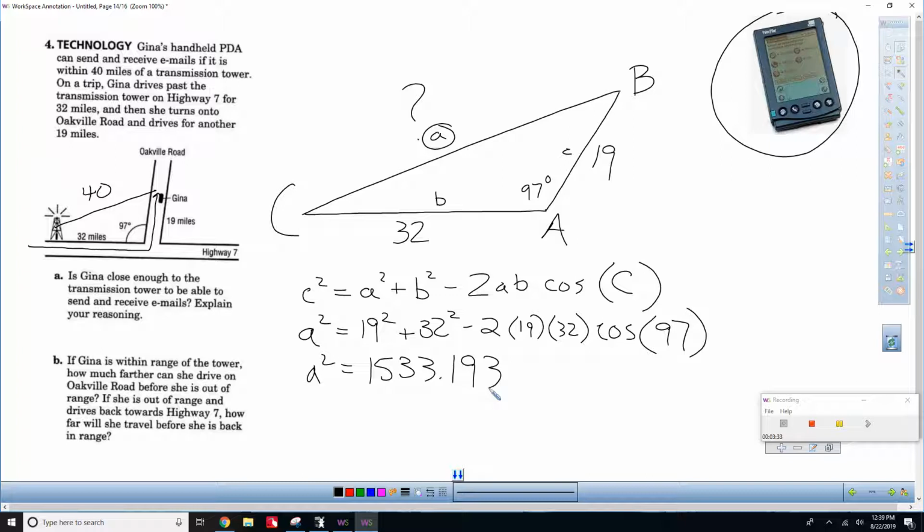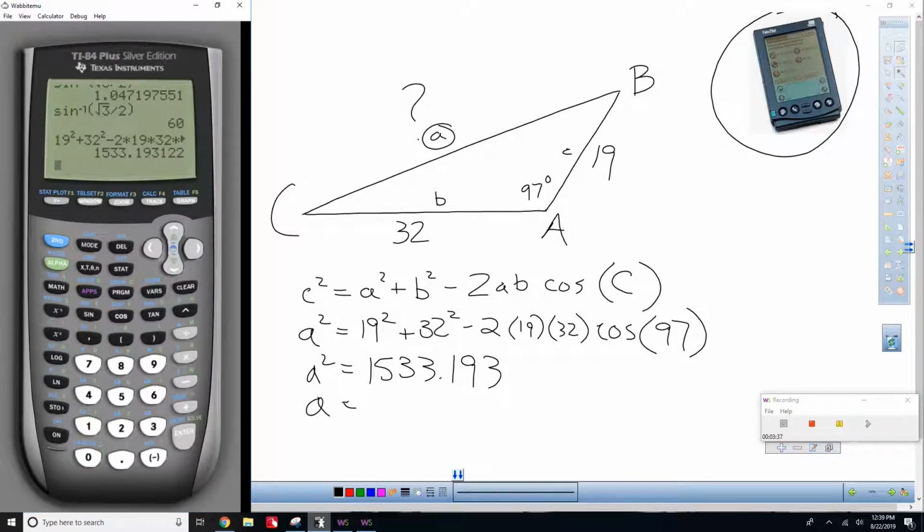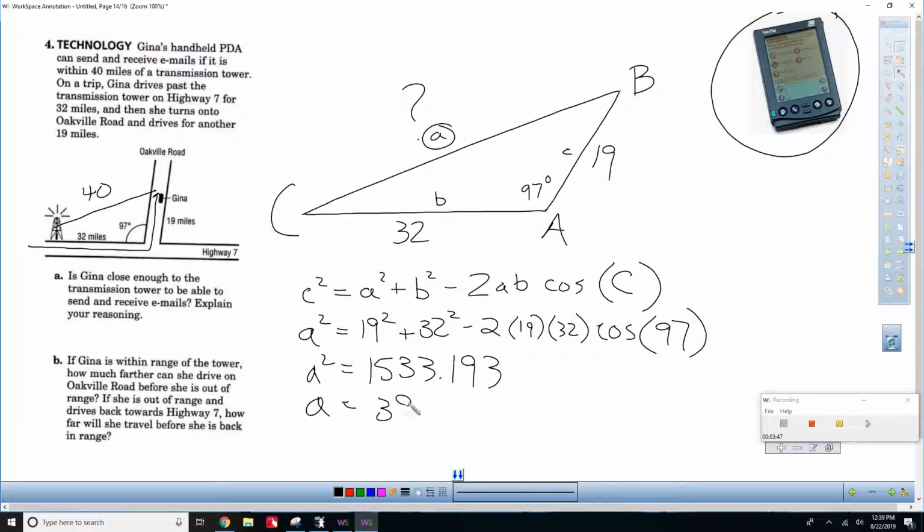So then you take the square root of that to get a. Again, when that's in your calculator, I just take it to the 1/2 power. It's the same thing as square rooting it. You know that from Algebra 2. And you get a equals 39.15 miles.